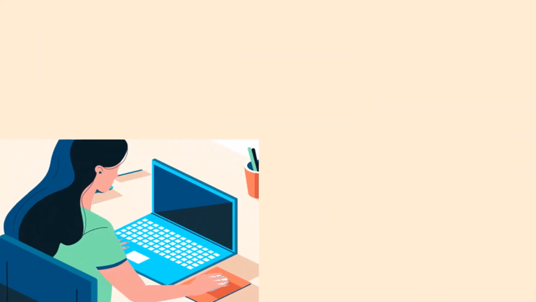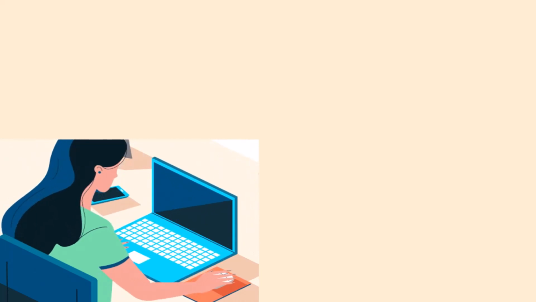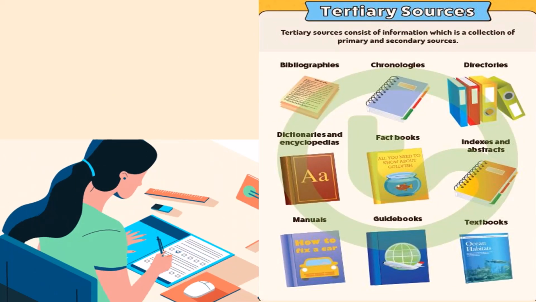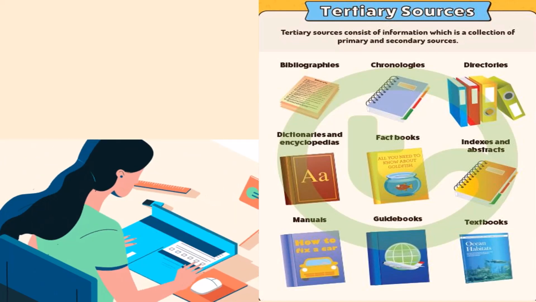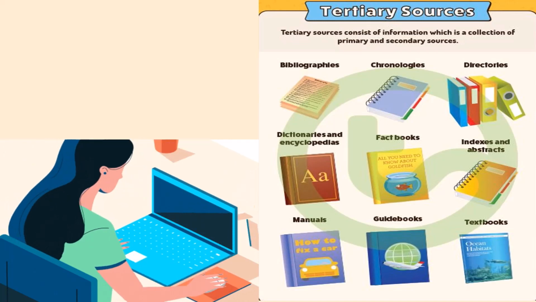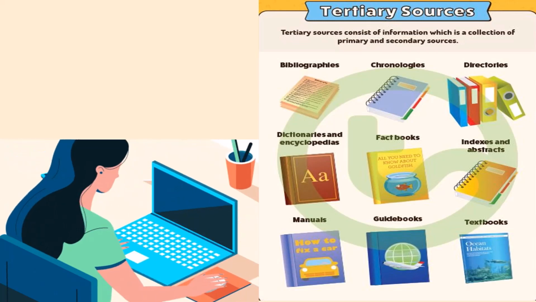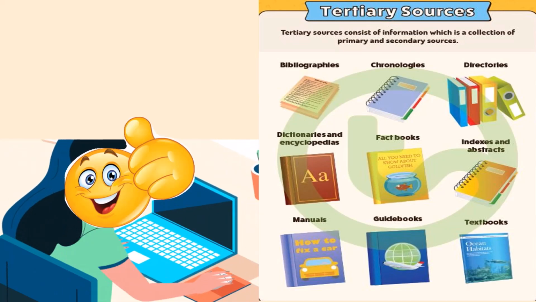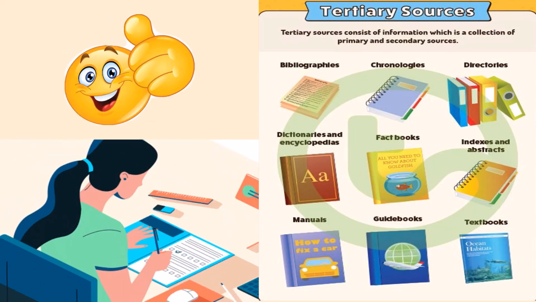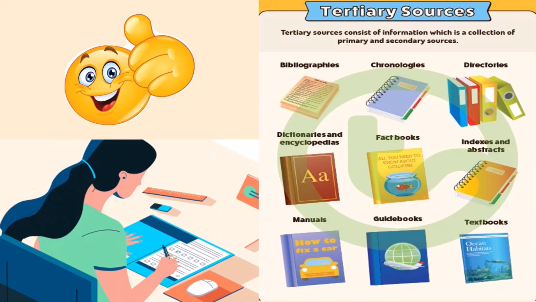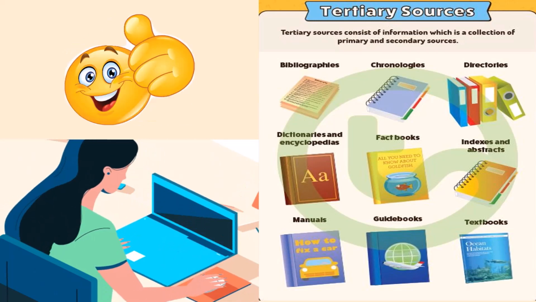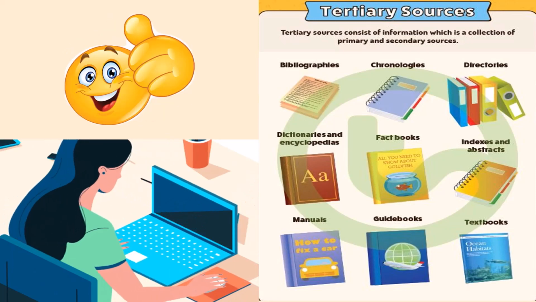Other examples of tertiary sources include bibliographies, chronologies, directories, fact books, indices and abstracts, manuals, guidebooks, and textbooks. Tertiary sources are easier to recognize since they do not offer new information like primary sources, as well as an analysis or interpretation of data like the secondary sources.